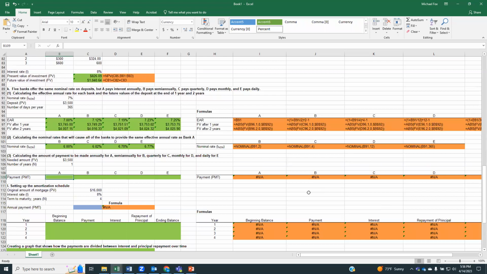So our payment then equals the absolute value of payment. The rate, we're going to use this 7% up here. The number of periods is only 1 year, so 1.